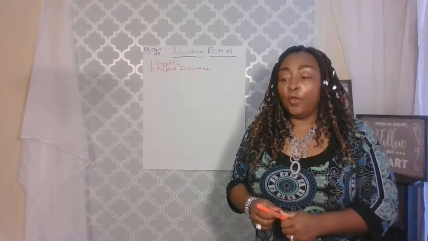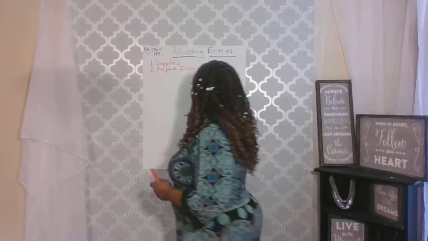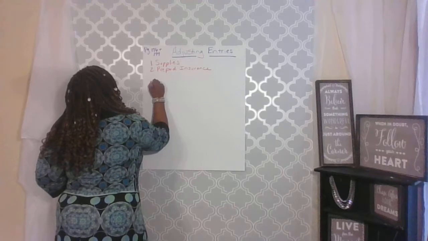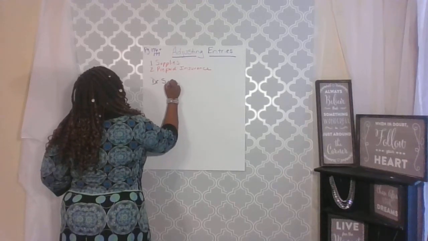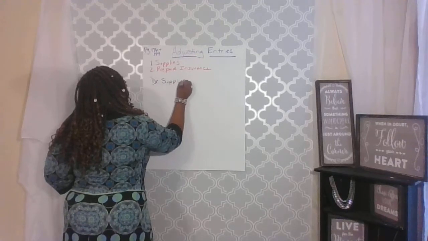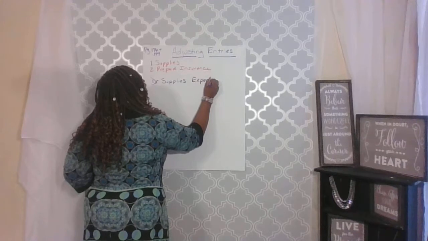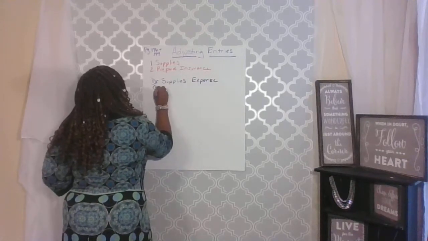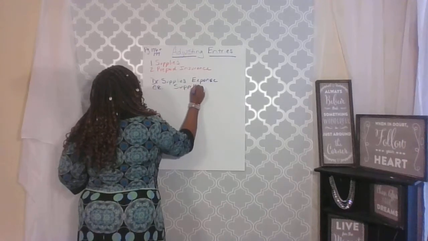Okay? So the journal entry to adjust the supplies account is always debit supplies expense, credit supplies.